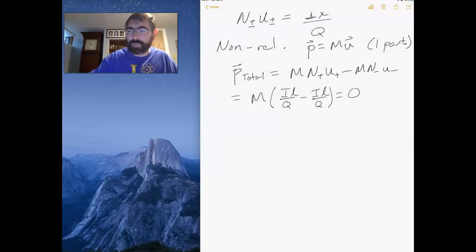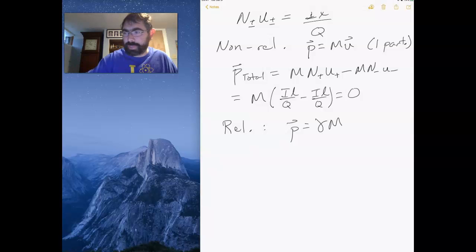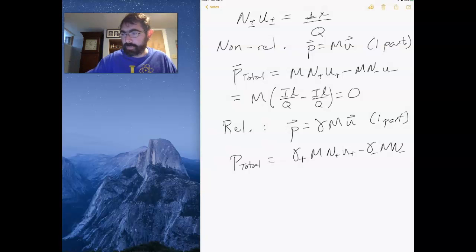If we now look at this relativistically, then the momentum of one particle is gamma times its mass times its speed. Again, this is just one particle. And so the total is gamma plus m n plus u plus minus gamma minus m n minus u minus.